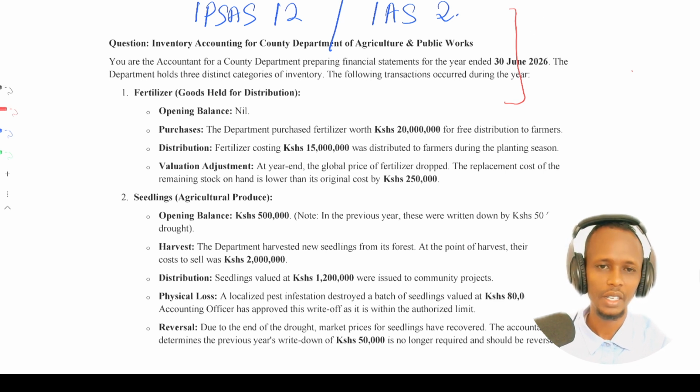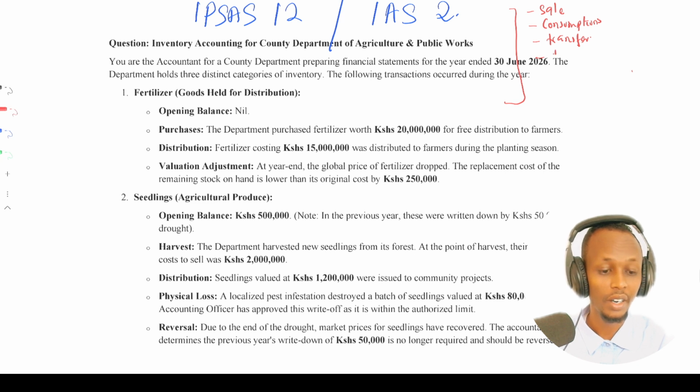Then someone might ask, how do we remove inventory from our books? The first is sale, if you sell inventories. The other one is through consumption, if you consume those toners, those papers. The other one is through transfer from one asset to another, like it is inventory now and then you have transferred it to PPE.